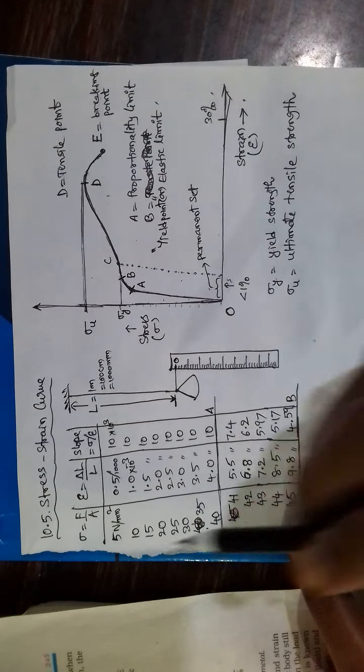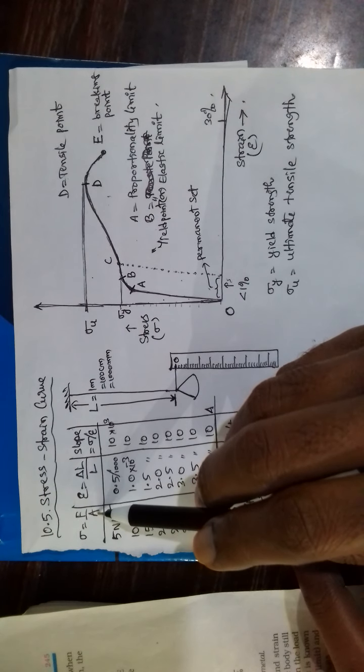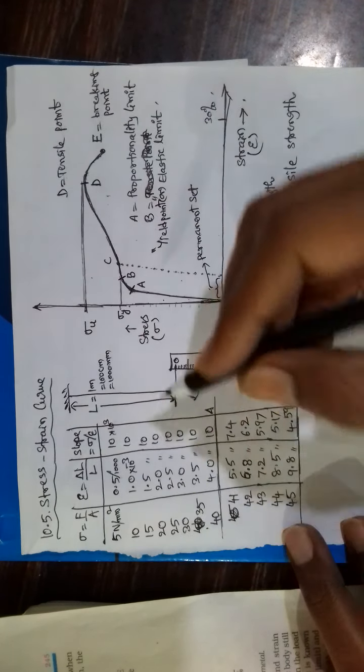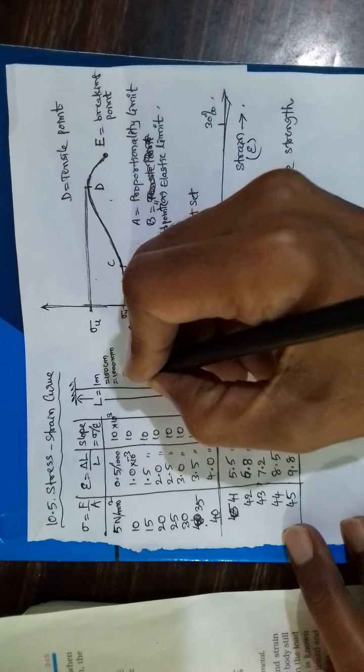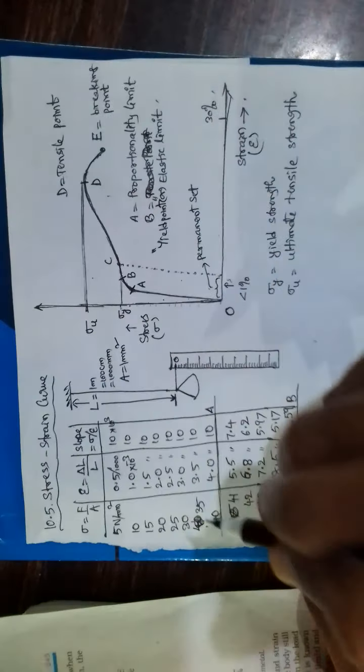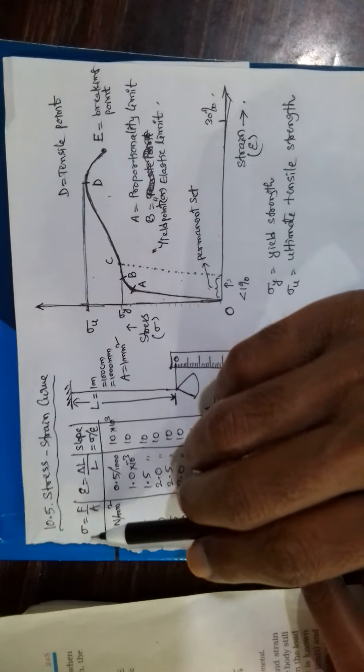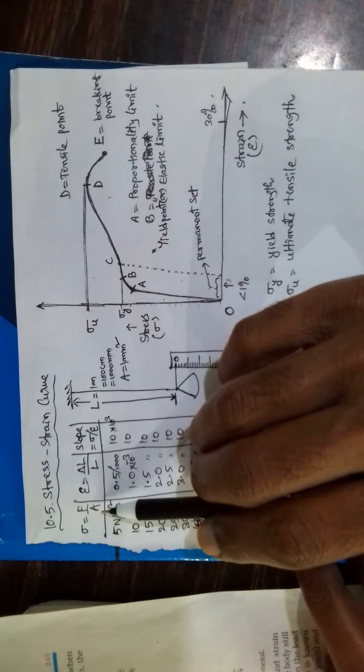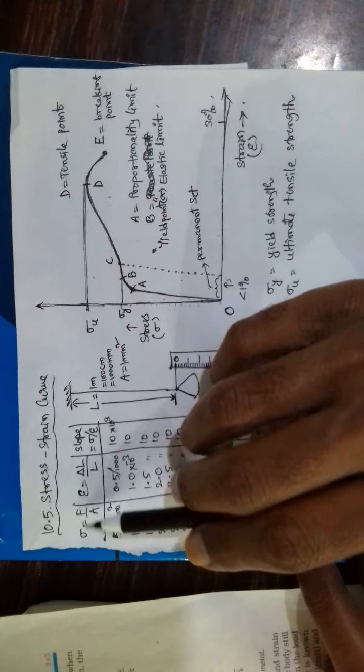And here let the cross sectional area be 1 millimeter square. Let A is equal to 1 mm square. So then what happens? Sigma is equal to F by 1. There is sigma is equal to F.